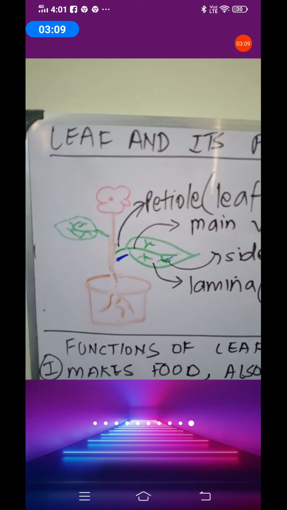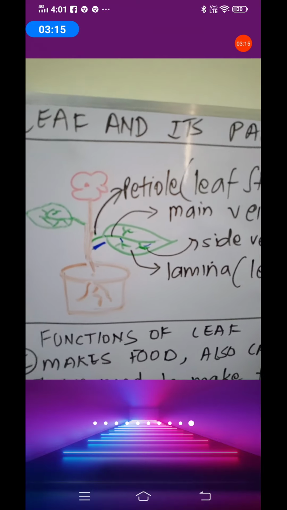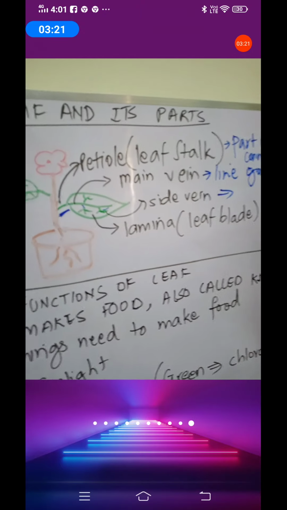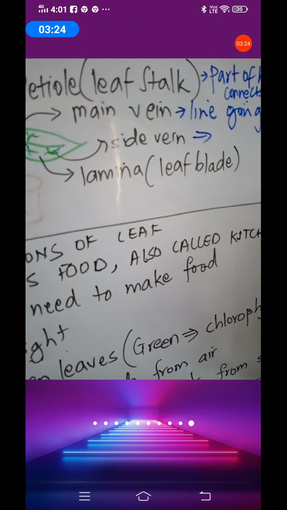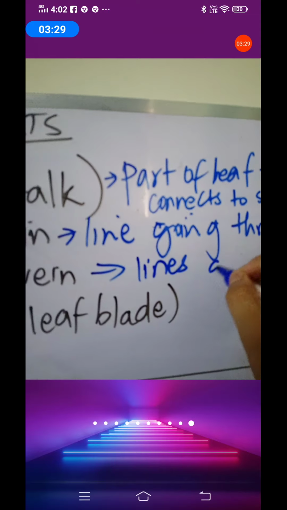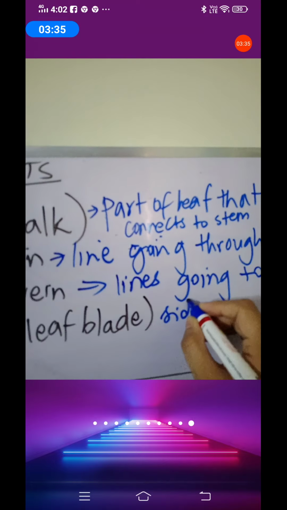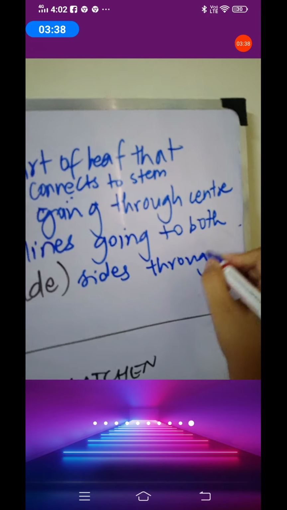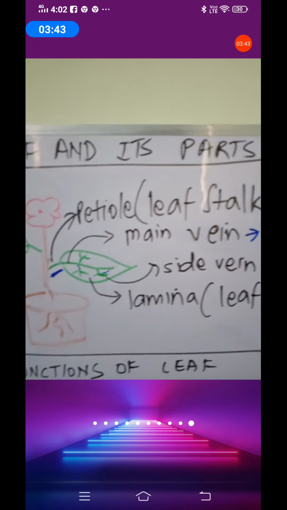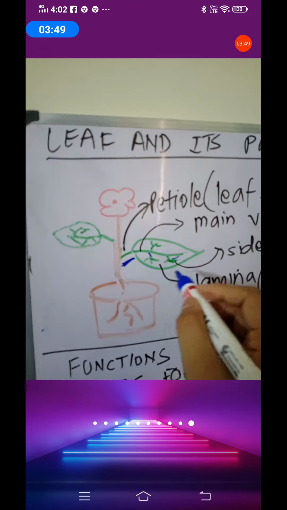Clear? Then you have the side veins. The side veins are the lines that are coming across the sides. Main vein is the line going through the center, and side veins are the lines which go towards both the sides from the main vein. You can see here that the side veins are going from both the sides.